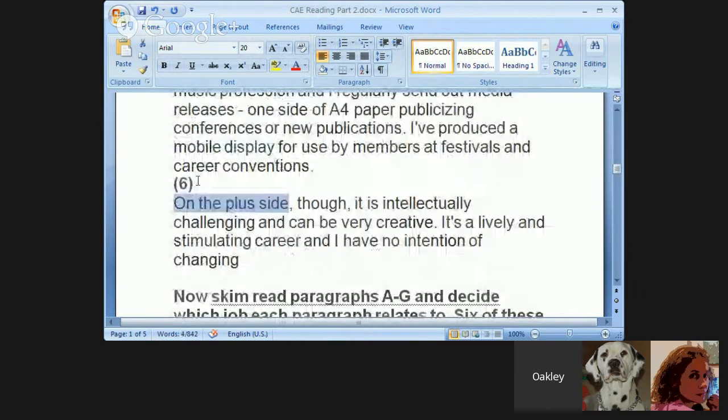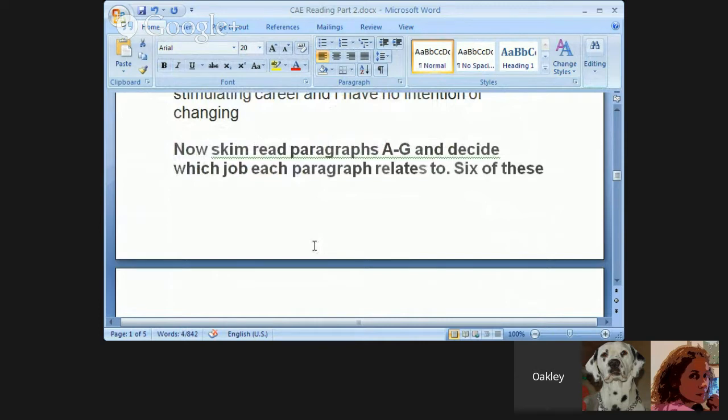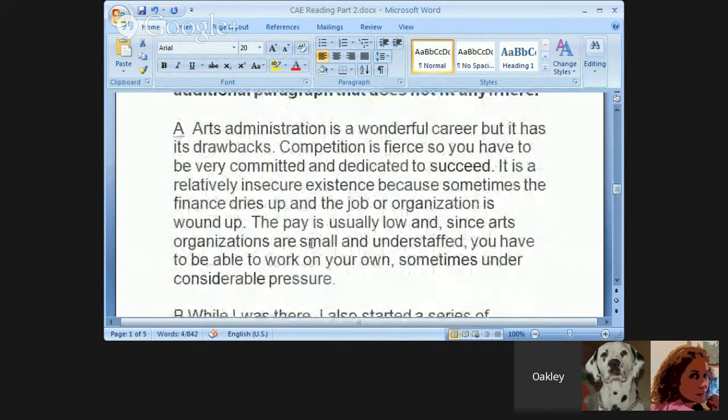Obviously, that means number 6, he's talking about some downsides to his current job, clearly. Okay, let's take a look. All right, and again, keep in mind, one of these is clearly not going to be there. Okay, Max.